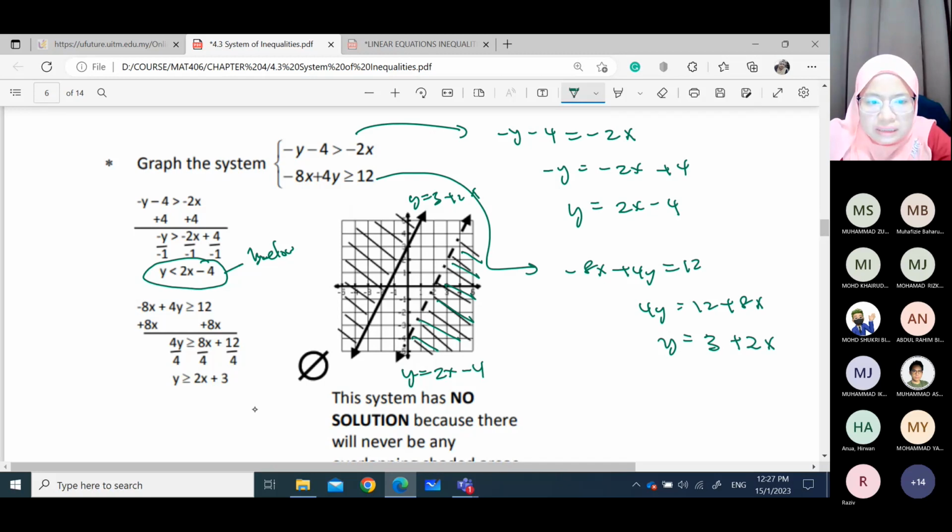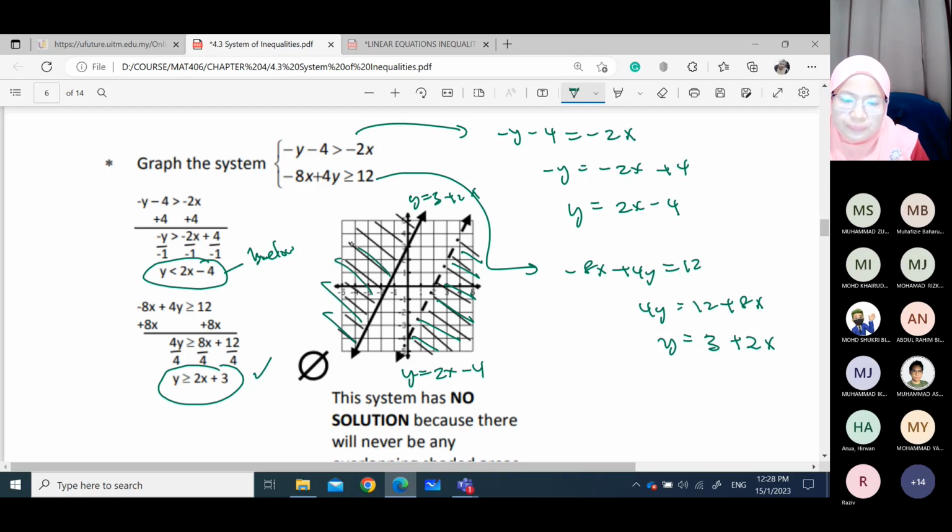And for second inequalities, this one is about y greater than 2x plus 3. So this is a graph for y equal to 3 plus 2x ataupun 2x plus 3. Ni graph dia. So kita nak tengok region dia berada di atas ataupun di bawah. You tengok yang ini. So based on this inequalities, the region is above of the graph. Berada di bahagian atas lah sebab y lebih besar. So kat sini region dia.